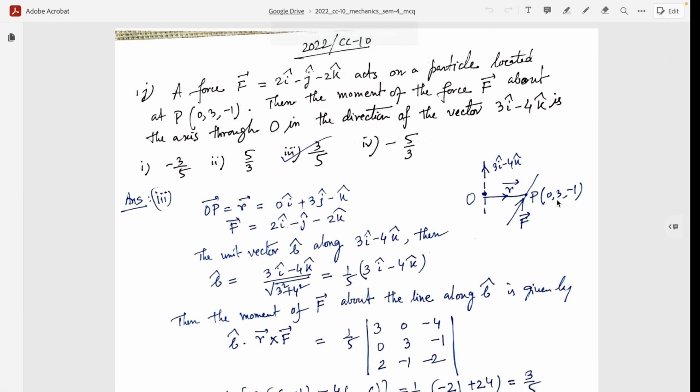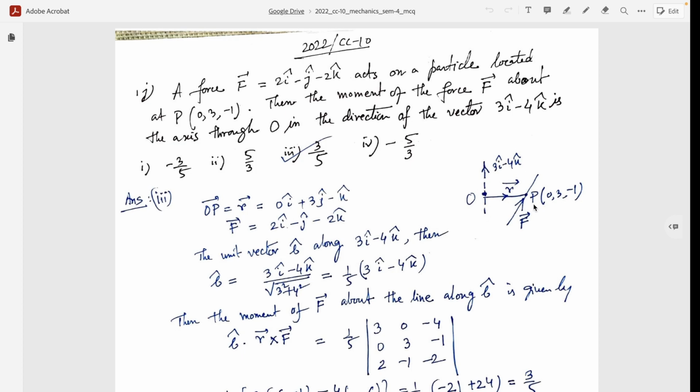Here, P is the point (0, 3, minus 1), and F is the force acting on the point P, and O is the origin. So OP is the r vector, and the axis through O is in the direction 3i cap minus 4k cap.